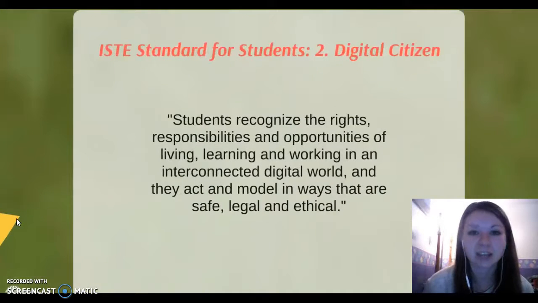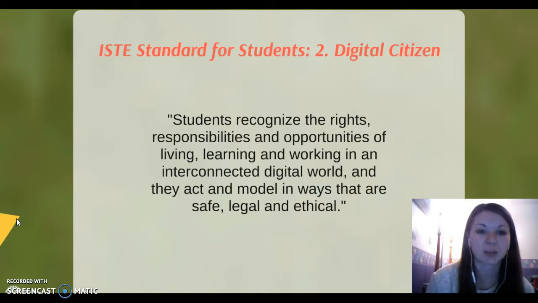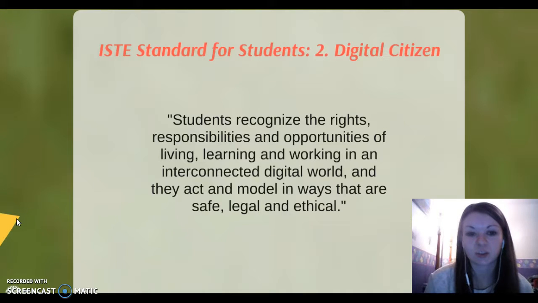And then for kids, in the second set of standards, digital citizen: students recognize the rights, responsibilities, and opportunities of living, learning, and working in an interconnected digital world, and they act and model in ways that are safe, legal, and ethical. That means following the Be Internet Awesome curriculum, and citing your work.